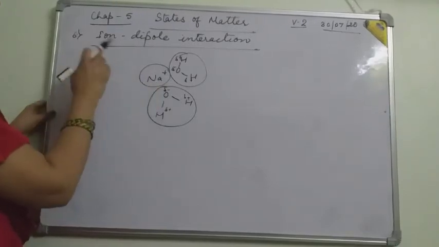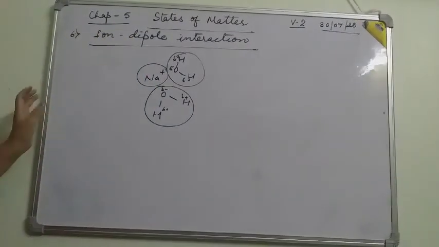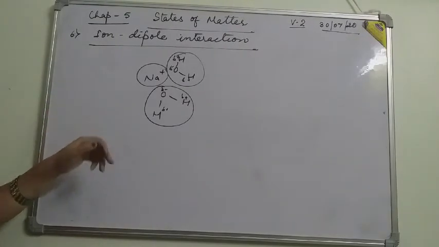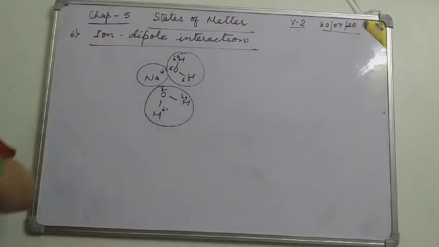If chloride ion is present, the negative part attracts the positive and the positive part attracts the negative end of the dipole. This type of interaction is called ion dipole interaction, or this process is called hydration of ions. So this is the end of the interaction forces.